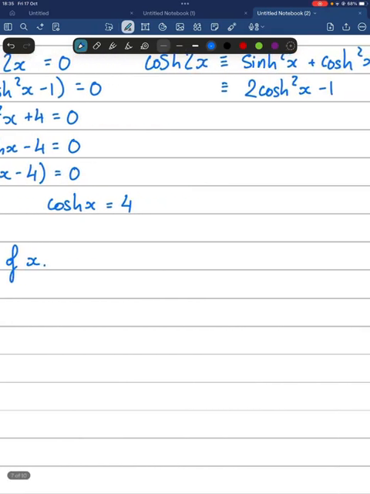So therefore cosh x equals 4. Well, cosh x is equal to 4, so x is equal to arcosh of 4. Well, we know that that's ln of 4 plus the square root of 4 squared minus 1, which is 16 minus 1, which is 15. So ln of 4 plus root 15.